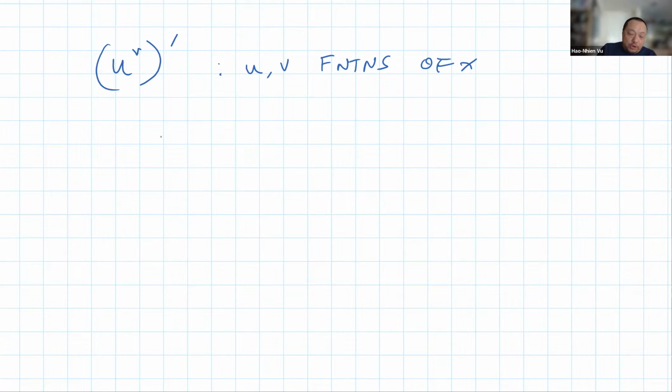For example, if you only have the base as a function of x, whereas the exponent is a constant, then you just apply the power rule. Derivative of u to the a is a times u to the a minus 1, and then applying the chain rule on top of that, times the derivative of the inside, which is u prime.